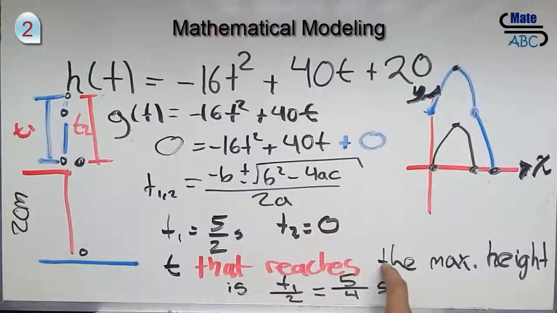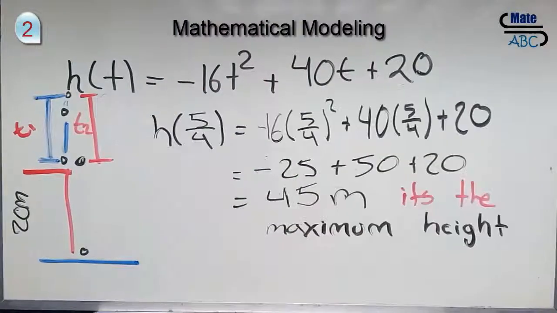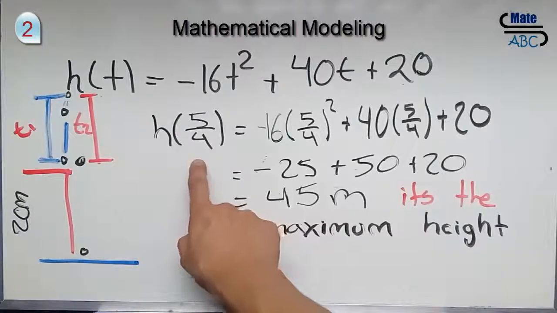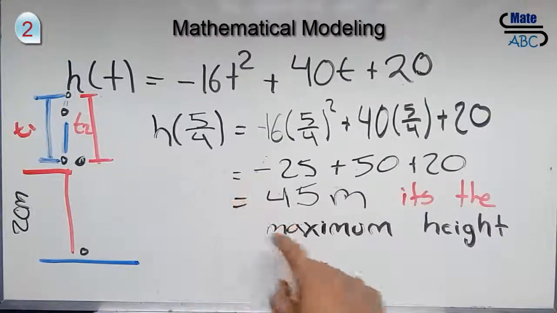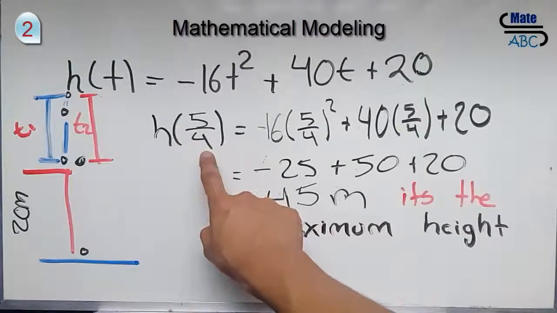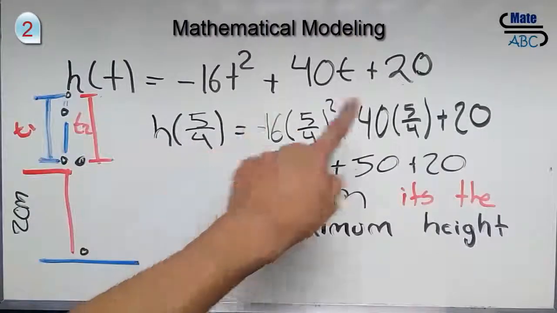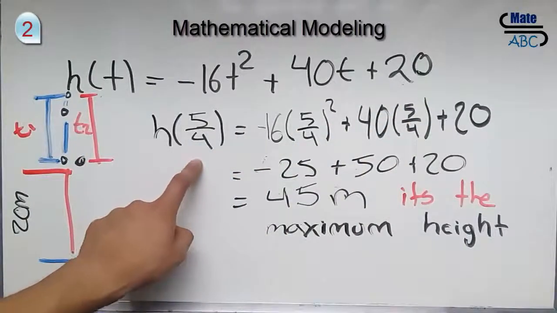So you only have to substitute this t into this function. So finally we need to find the maximum height by substituting here the correct data that we found. So we solve this and we find this time.